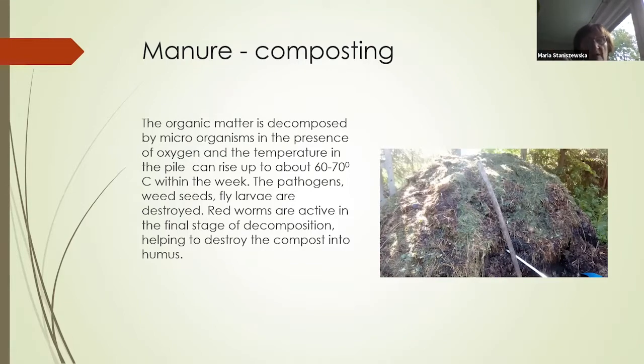composting. In this process, we use not fresh manure but composted manure, because in this process there are microorganisms with the presence of oxygen and temperature. Temperature is about 60 to 70 degrees.